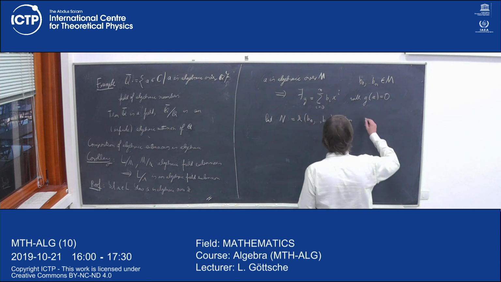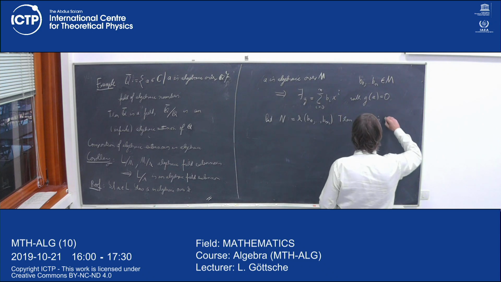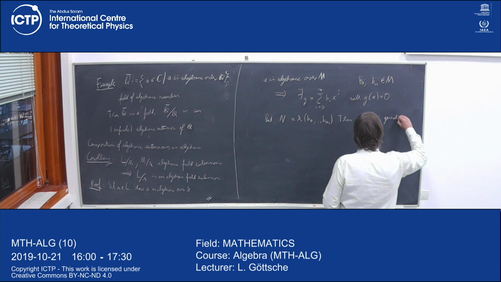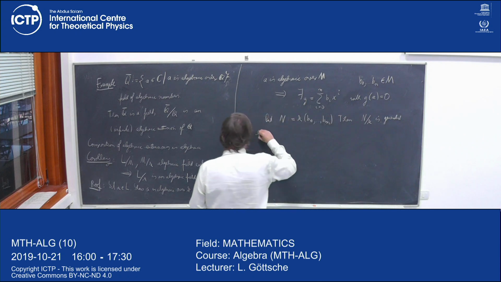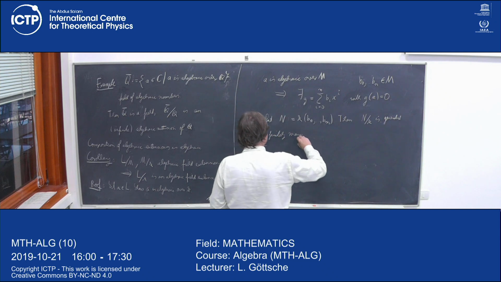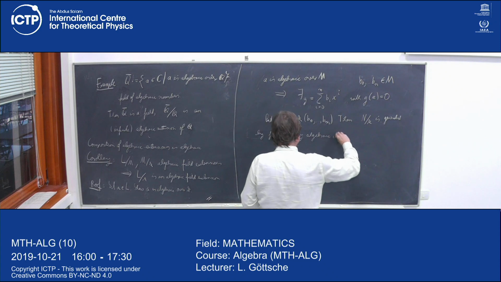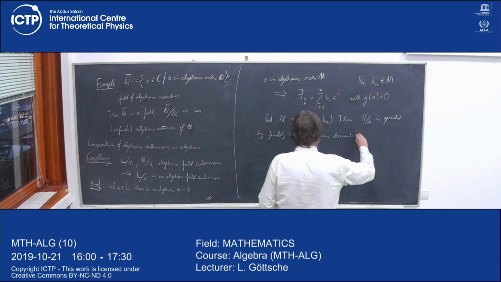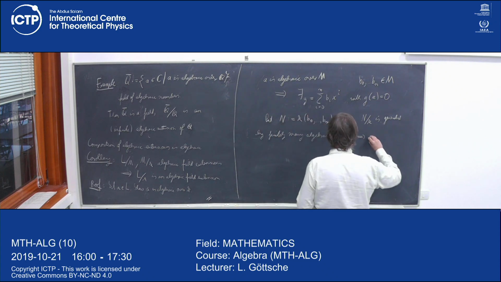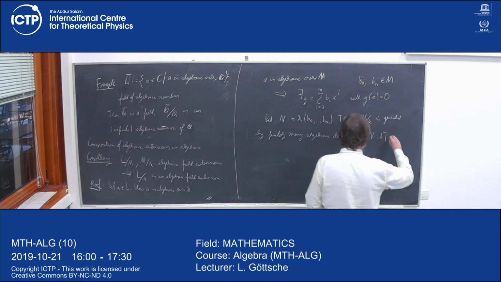So N over K is generated by finitely many algebraic elements. Thus it follows that the degree of N over K is finite.